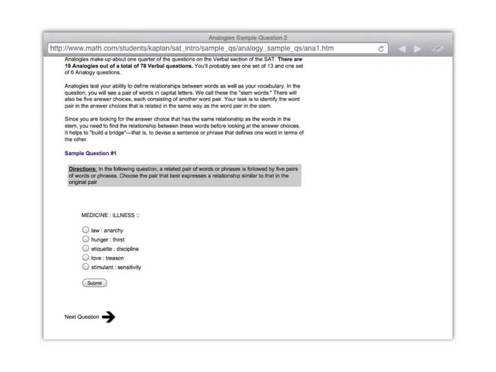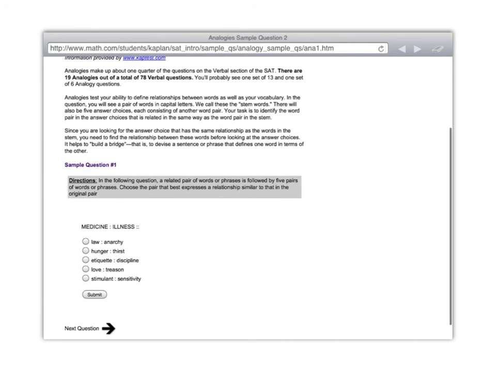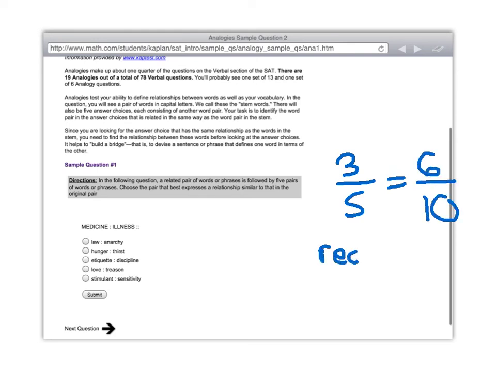Before we go into our last practice problem, I wanted to present our trivia for today. Proportions remind me of analogies. For example, when you have a proportion like 3 is to 5 as 6 is to 10, you can think about replacing these with words. So red is to blood as white is to snow.